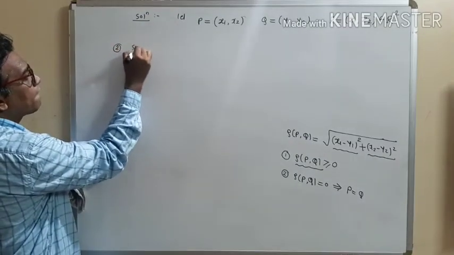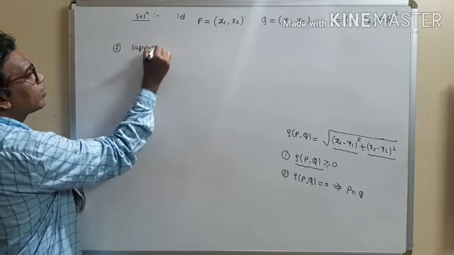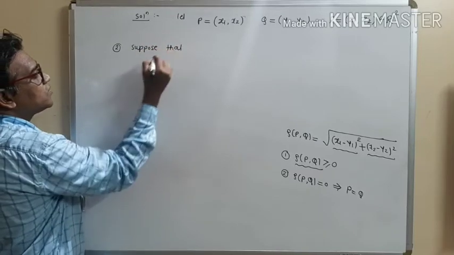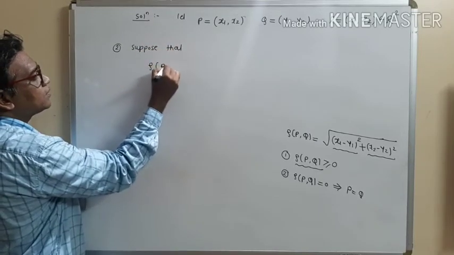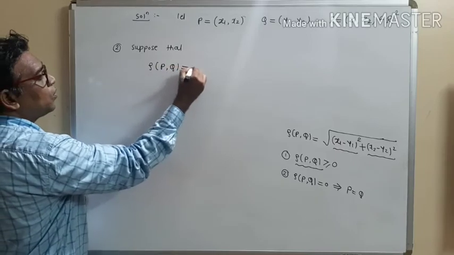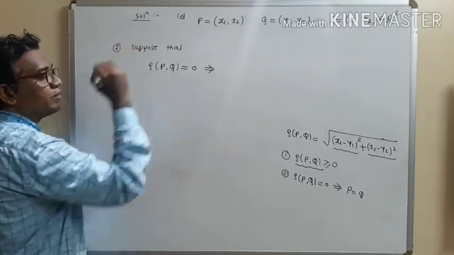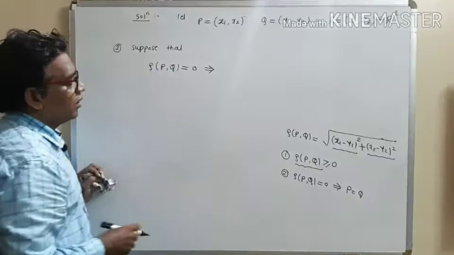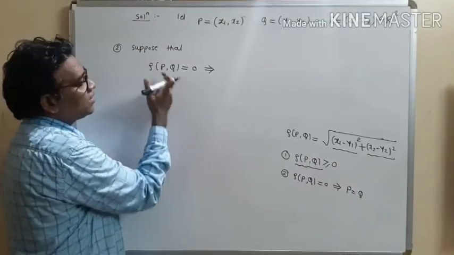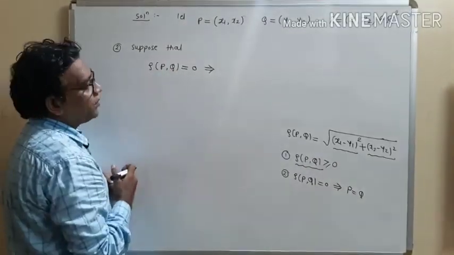Number 2, suppose that rho of PQ is equal to 0. So simplify this condition, just put this value for rho of PQ.